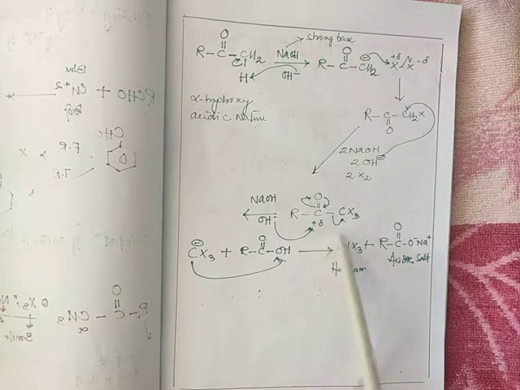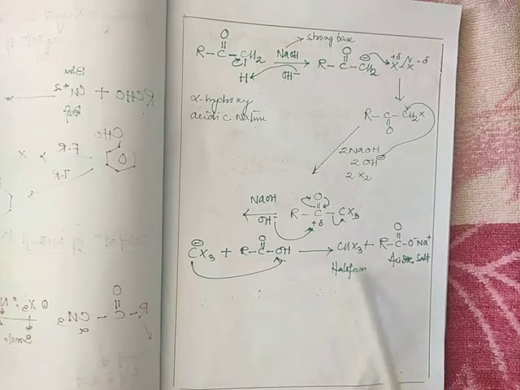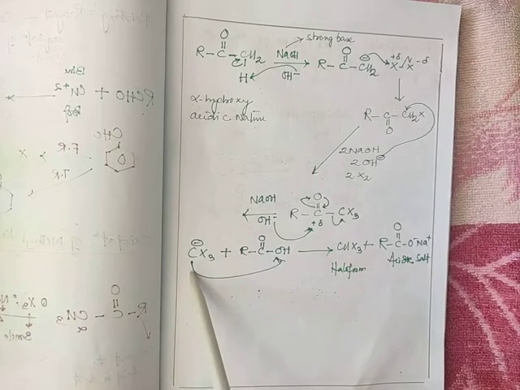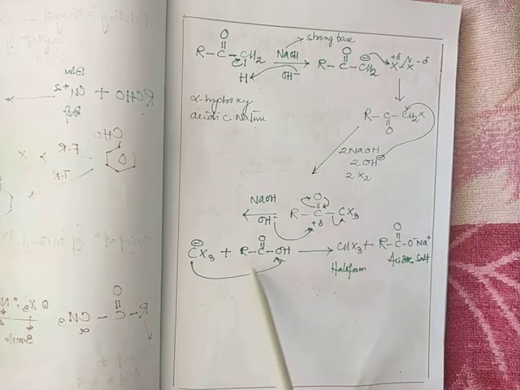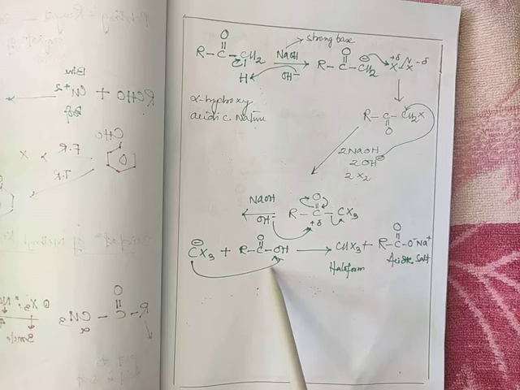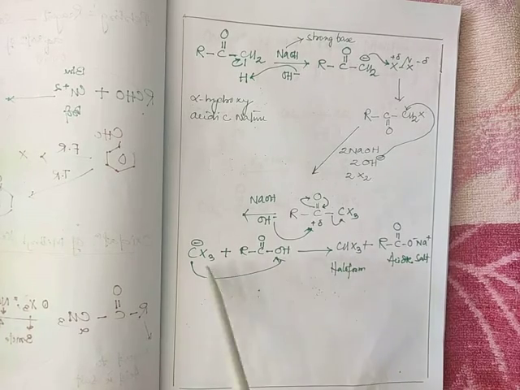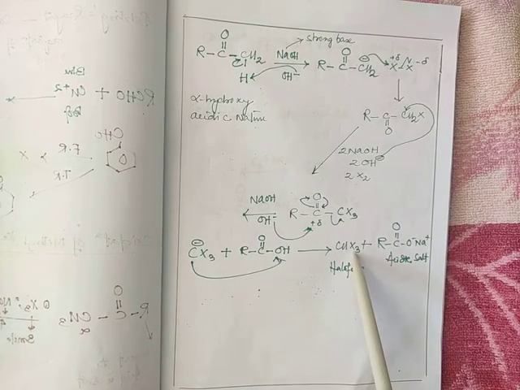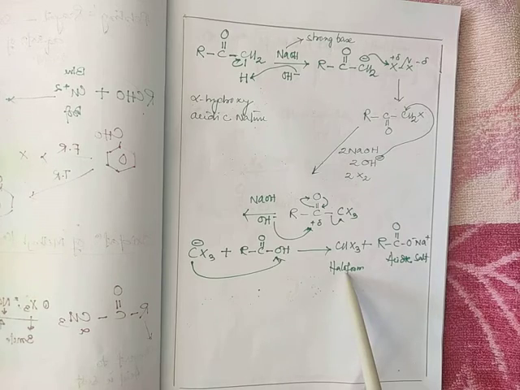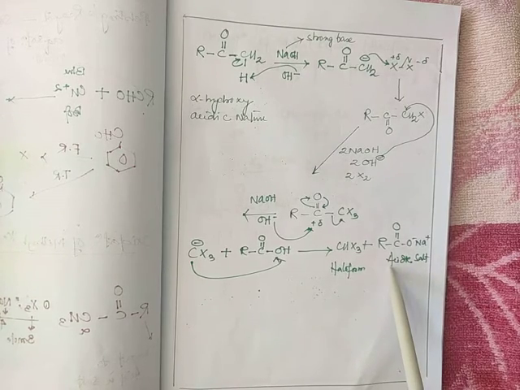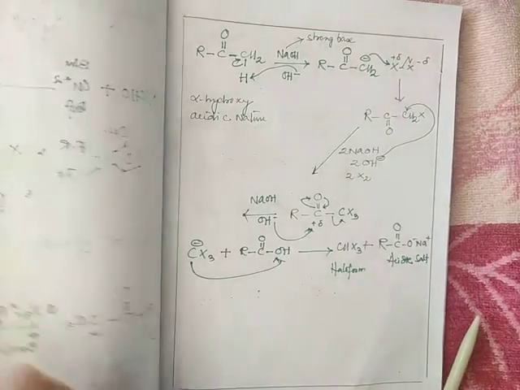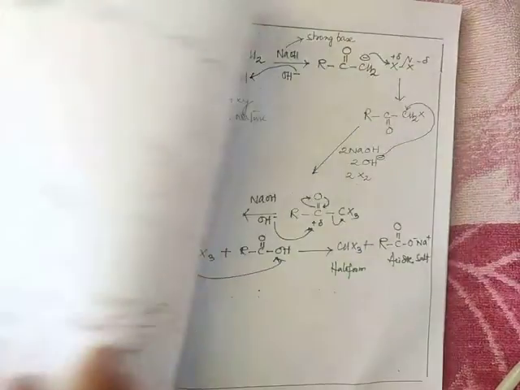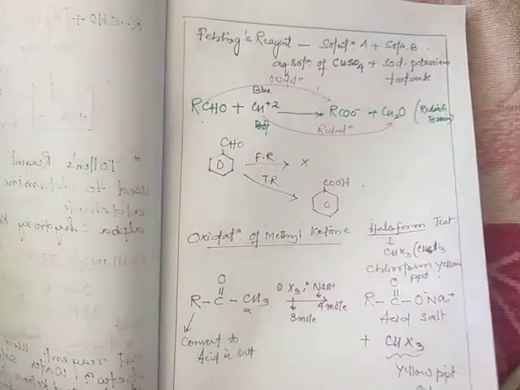Lastly we form this product. Now with sodium hydroxide, the CX3 will be eliminated from here, and the carboxylic acid will form again. In this one, CHX3 haloform will leave, and after that the acid salt. So this is the mechanism for the oxidation of methyl ketone.